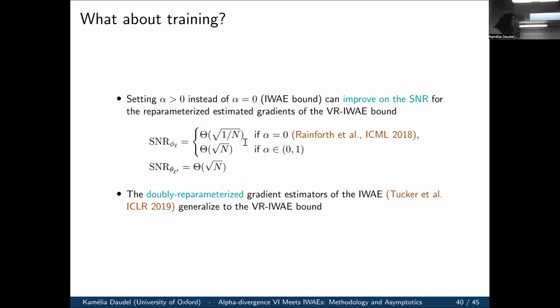Basically, training with the VR-IWAE bound might be a good idea, because the signal-to-noise ratio problems observed in that paper seem to be alleviated. The VR-IWAE bound is literally the good extension, and if you try something for the IWAE, you should see whether or not it works for the VR-IWAE bound.